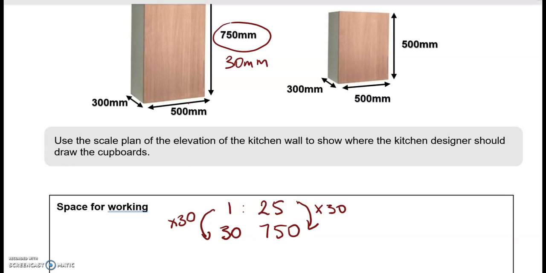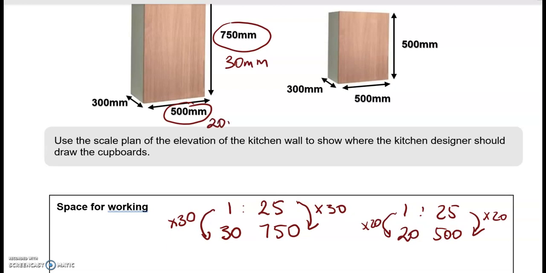Now we'll check this one out. How many 25s fit into 500? So 500 divided by 25 gives us 20. So this is equal to 20 millimeters in the plan. So this will be 20 millimeters in the plan.